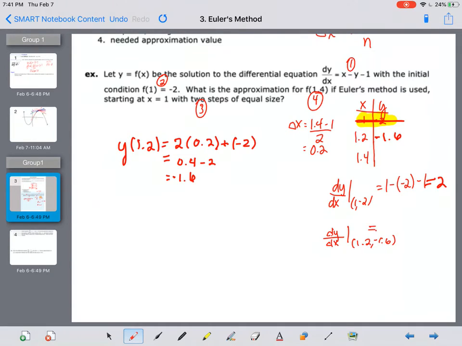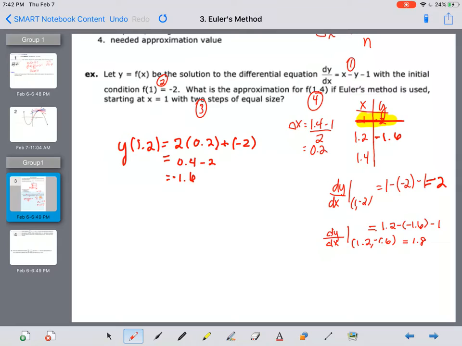We plug it into that equation where I put a 1 by, and it's just our x value, so 1.2, minus our y value, which is negative 1.6, and then of course minus 1. When we calculate that, it's 1.2 plus 1.6, so 2.8, and then minus 1 gives us 1.8. So here's our new slope.